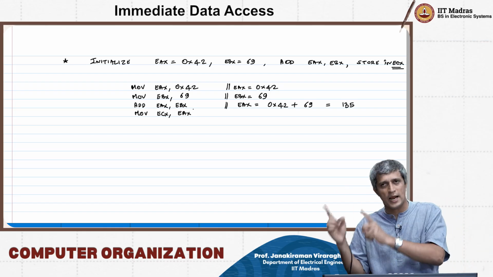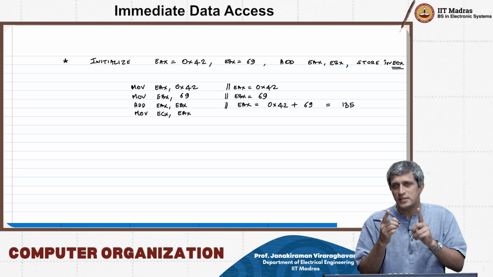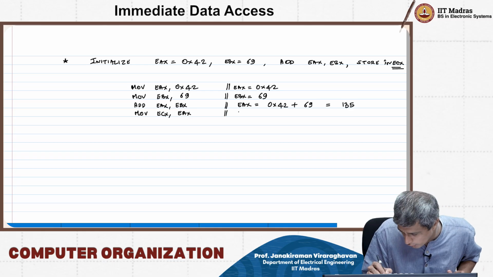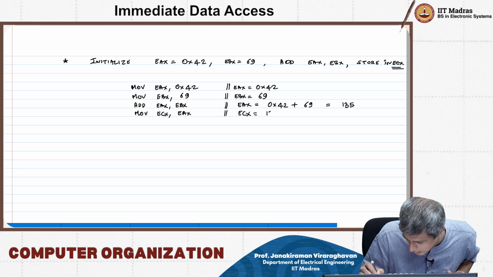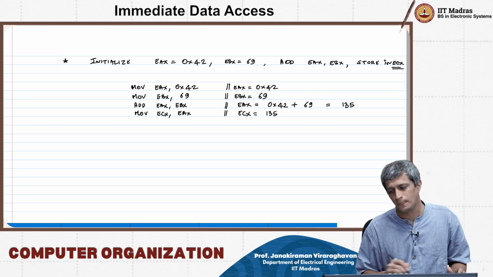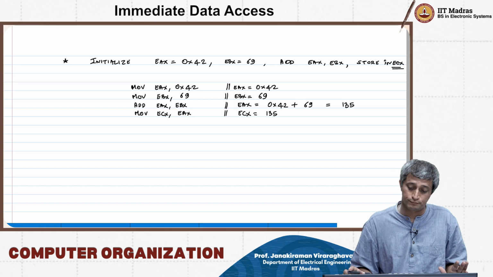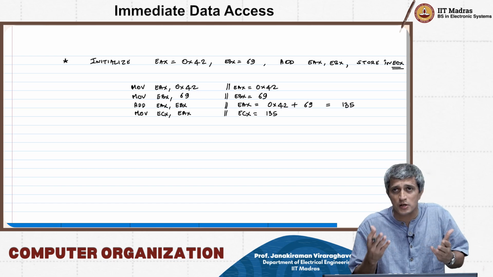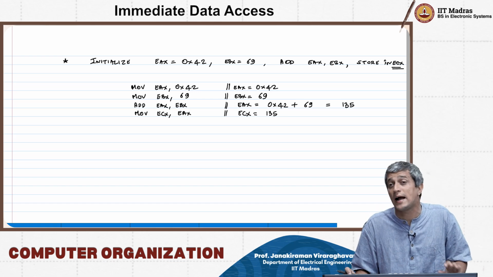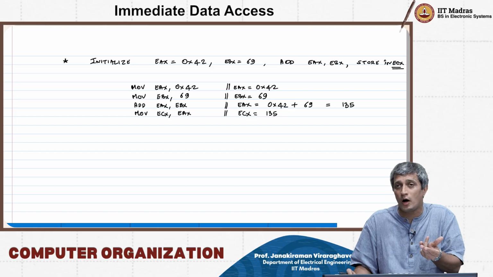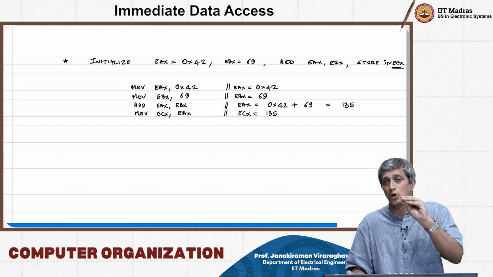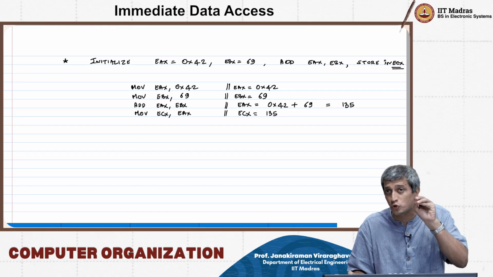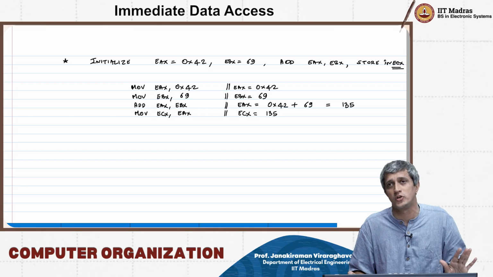What is on the right is the source, the left is the destination, and therefore ECX will get the value 135. Now, in the process of writing this program, we have actually overwritten the value of EAX, and therefore it is important to note that that value also has changed at the end of this program.